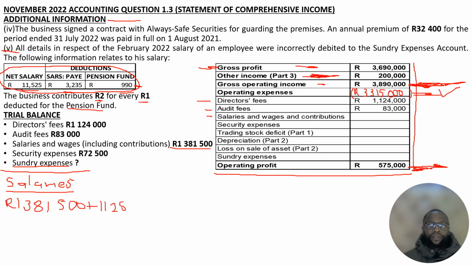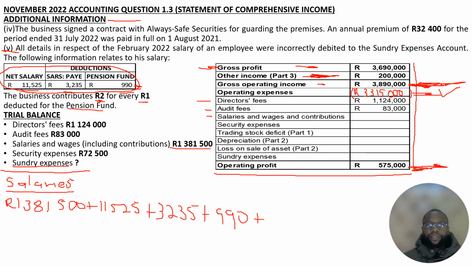11,525, and then plus 3,235, and then plus 990. And then we are told that for every 1 rand contributed to the pension fund, the business contributes 2 rand.